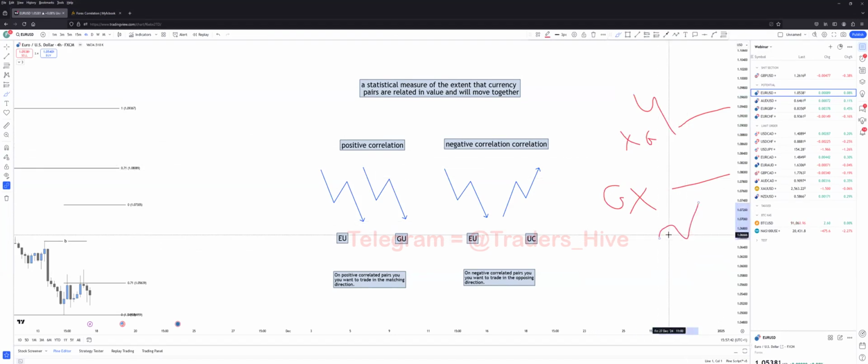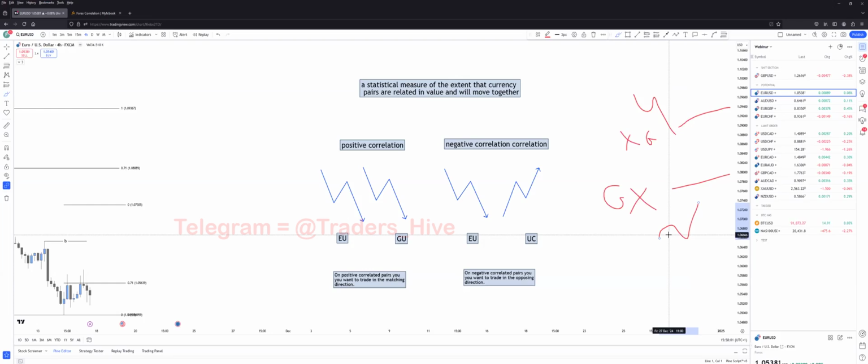But it doesn't really work with minor currencies. It is strongest with major currencies like Euro, US dollar, GBP, CAD. The strongest correlation will always be found on US dollar and Euro.